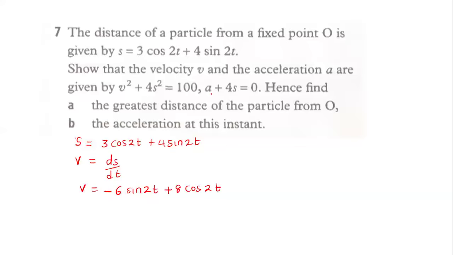Now, the next is to find the acceleration, because they told you A is the acceleration. So we know that acceleration is given by dV/dt. So members, can we have someone to differentiate for us, to get what our acceleration is equal to?